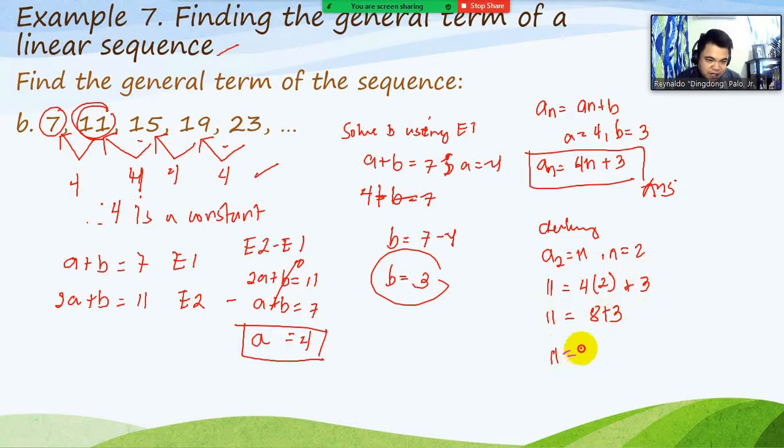Therefore, 11 is equal to 11. You can also check using the other terms. That's it. In these specific examples, we are able to learn how to solve for the general term or the formula using the terms.